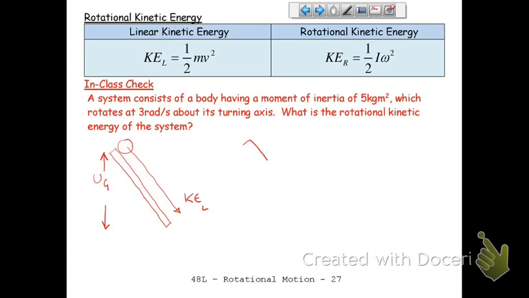If I have the same situation, the same UG and the same ball, but now there's some friction that doesn't stop it from translating but means it has to roll, then when it gets to the bottom, that becomes my KE linear plus my KE rotational.